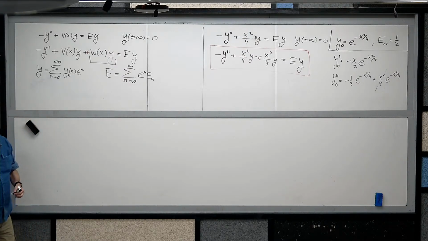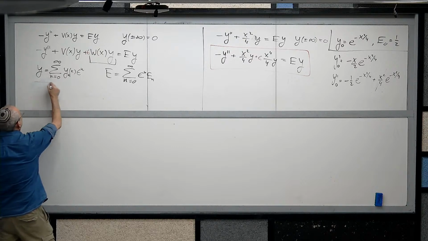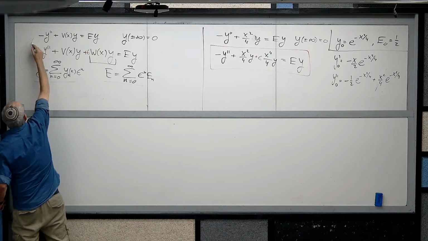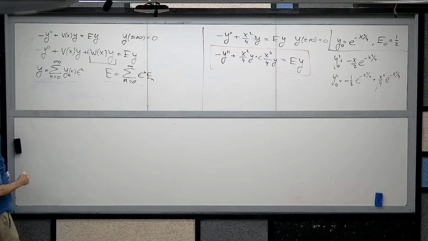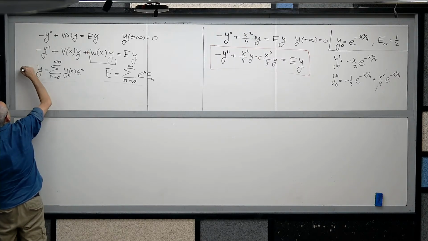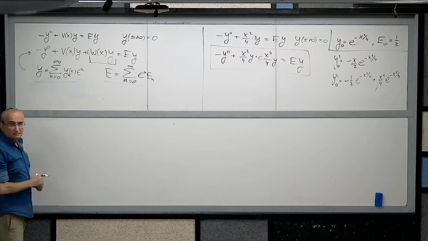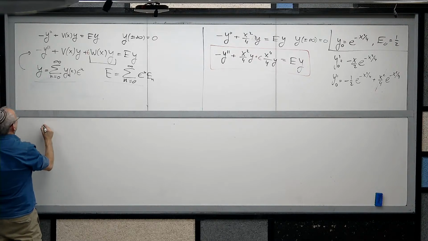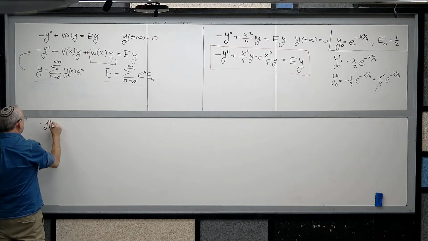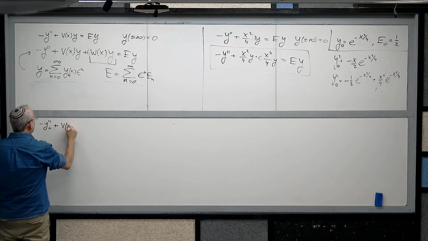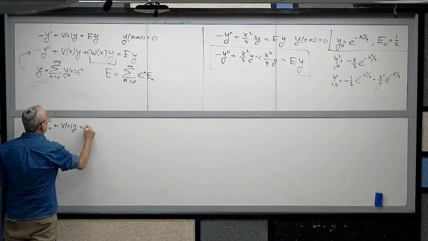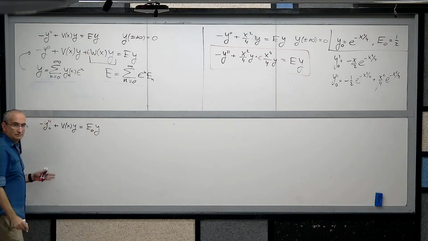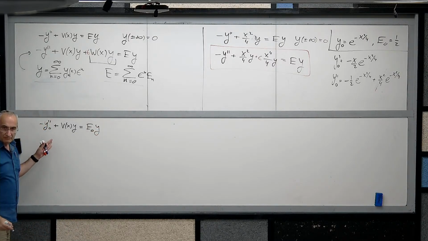What's the zeroth order of the calculation? I'm plugging these into this, right here. The zeroth order of the calculation will be the solution without the perturbation. So the zeroth order will be minus y_0'' plus V of x y_0 equal to E_0 y_0. Are you with me?